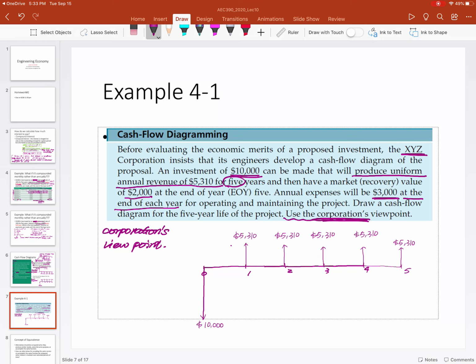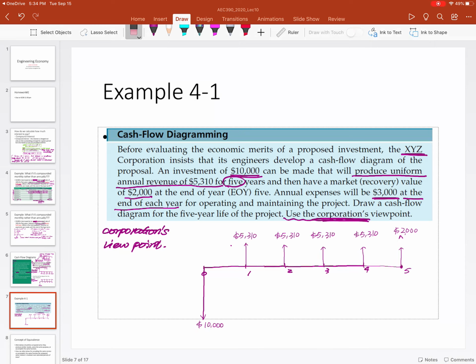Okay, and next. You also know that at the end of the fifth year, you have 2,000 recovery fee, okay? Which means at the end of the fifth year, at this time point, you can sell this project to another company and then you get another 2,000 as your income. So it's still arrow going upward, but it's an additional length. So you can draw additional line like that, and you label that 2,000.